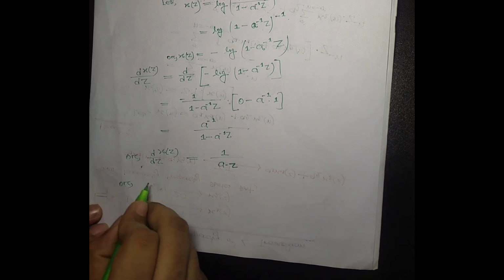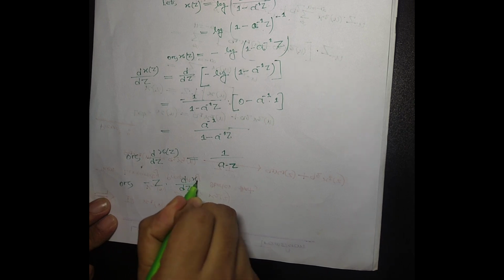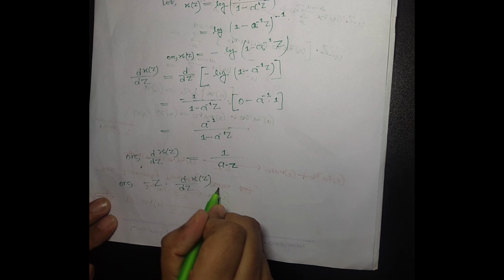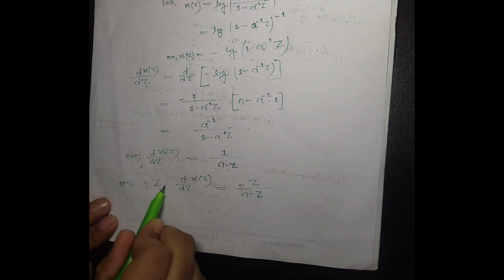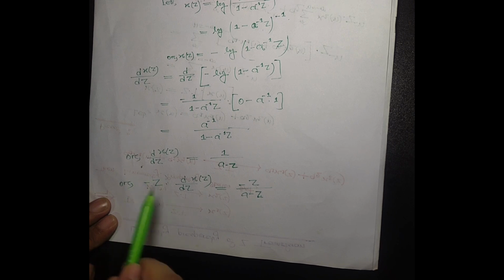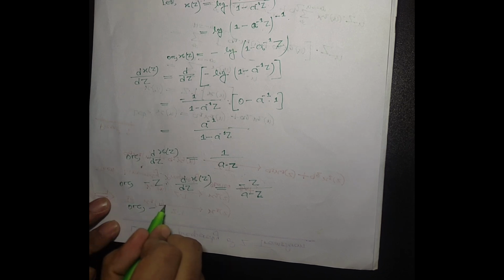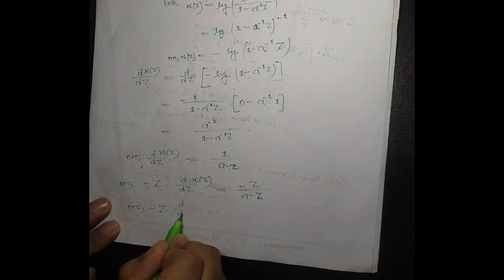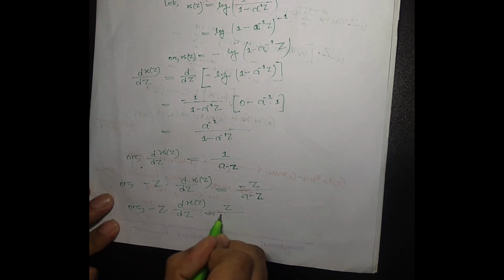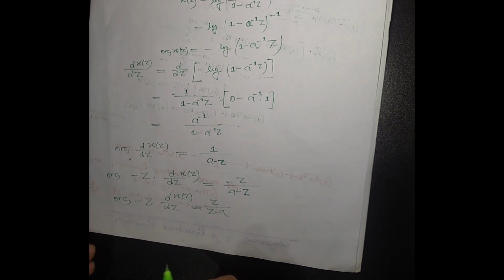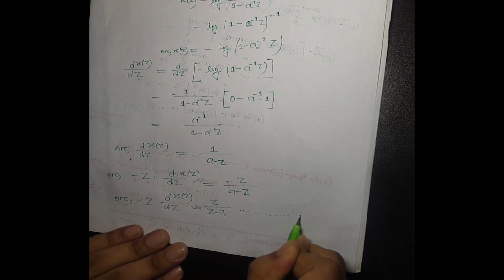Or minus z into d/dz of X of z equal to, here multiplying both sides with minus z. This is equation number 1.